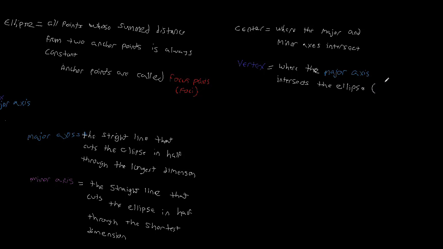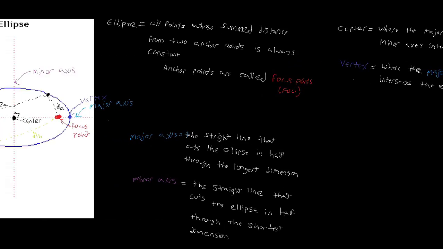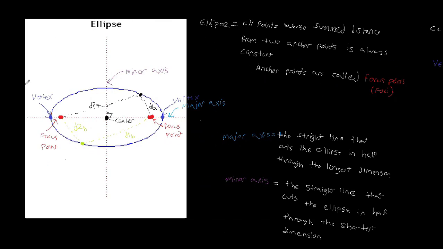And in case this wasn't obvious, there are two places, so there are two vertexes. Hopefully that makes sense. Look back at our graph for a second. The vertices are the places where the major axis intersects the ellipse.